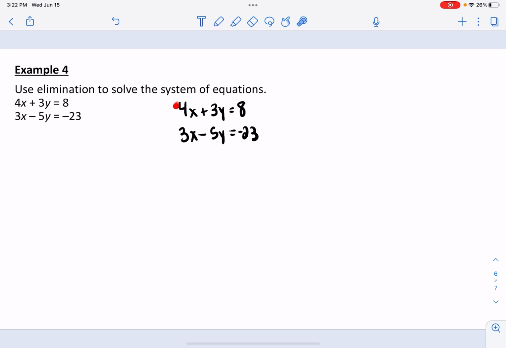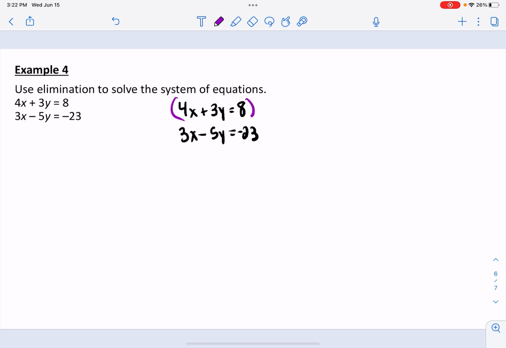If you look at the 4 and the 3 here, they're not opposite signs. But if you look at this 3 and the negative 5, they're opposite signs. So you want to eliminate the y value. So you have to think, what do I have to multiply by to eliminate the y value? I need 3 and 5. I need their least common multiple.